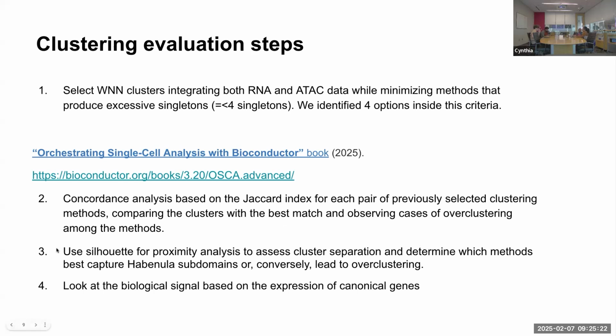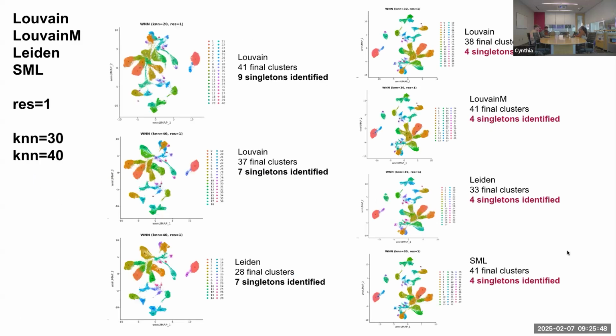The second strategy was to use the silhouette for a proximity analysis to assess the clustering separation and to see if we have a community that has a lot of heterogeneity. And the last one was to look at the biological signal based on gene expression of canonical genes to see if we can catch something and if this is suitable to continue the downstream analysis.